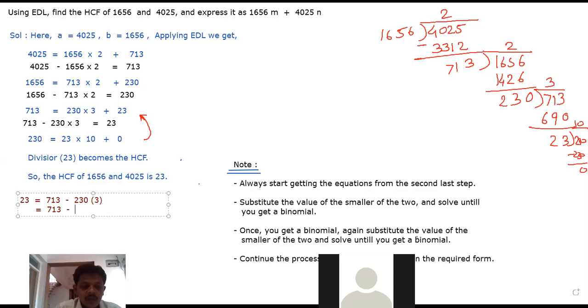In place of 230, now I will put 1656 minus 713 into 2, and the whole multiplied by 3. Pay attention very carefully to what I have done here. Substituting the value of 230.